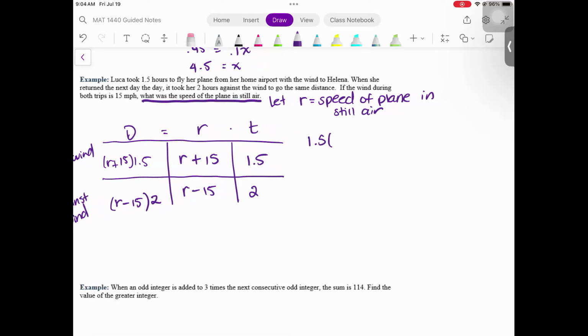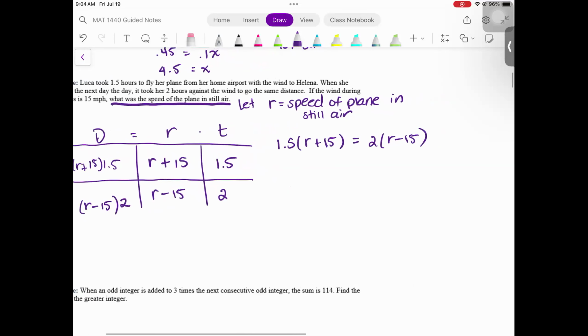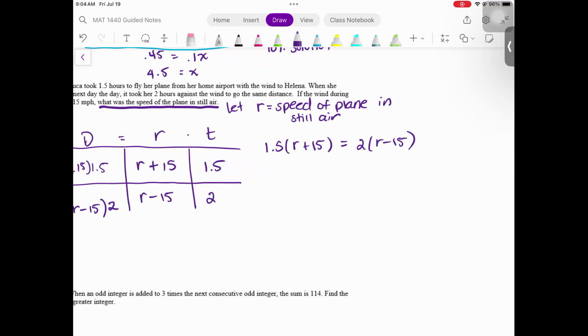So 1.5 times R plus 15 is equal to 2 times R minus 15. And I just put that coefficient out front for more familiarity. We're going to go ahead and distribute on both sides.